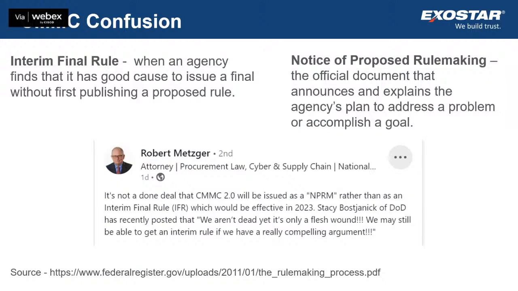There is a federal rulemaking process, and it does go into the Office of Management and Budget, and that's where it will be given a designation of whether it is an NPRM, a notice of proposed rulemaking, or it gets the interim final rule designation.